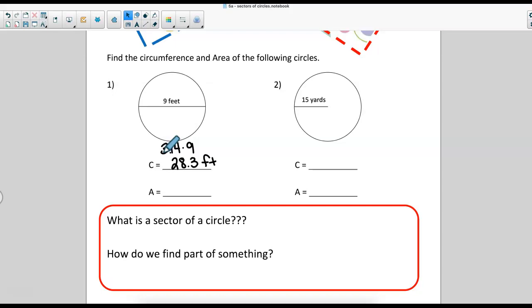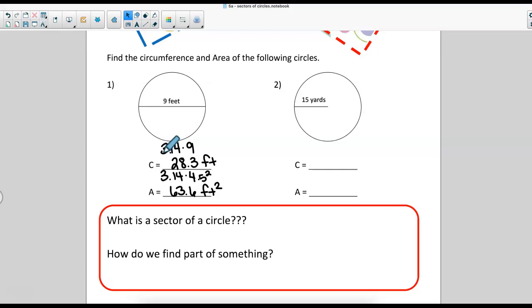How about area? What'd you get there, Ellie? 63.6 feet squared. 3.14 times the radius squared, and the radius is 4.5 squared.